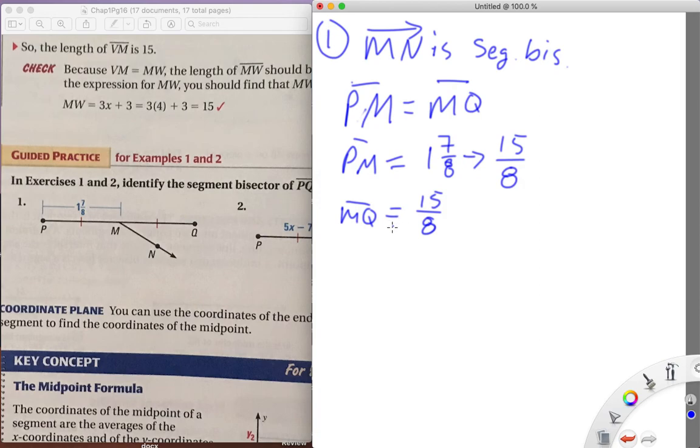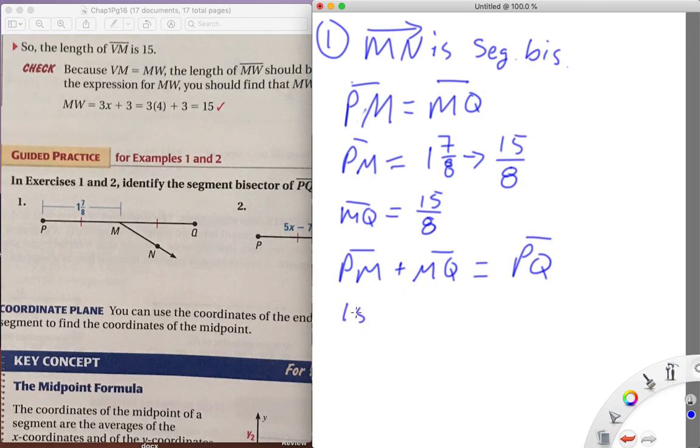Since it's the midpoint, and I know that they're equal to each other, I also know that PM plus MQ is going to equal PQ. So I can find PQ by adding PM and MQ.